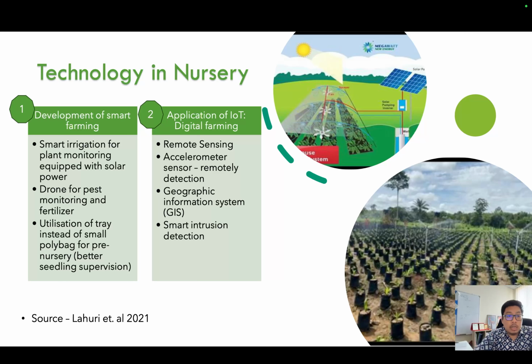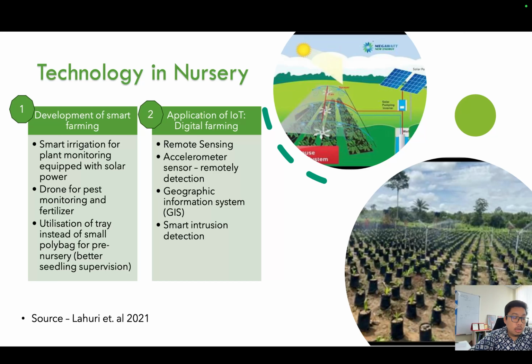Other than fertilizer, they can also spray pesticides on top of the plant. This process makes it easier and less labor intensive. However, of course, to buy the drone itself you need a lot of initial capital.